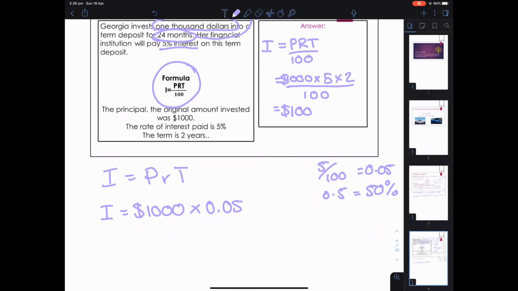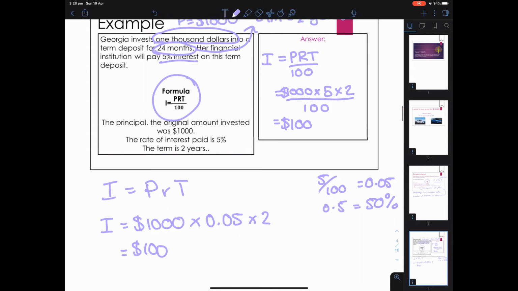And then we're going to times that by 2. So if we do 1,000 times 0.05 times 2, we also get 100, which is what we want. We want them to be the same number, because that means that we've done both of them correctly. It would be really strange if you did both incorrectly and they weren't the same number.